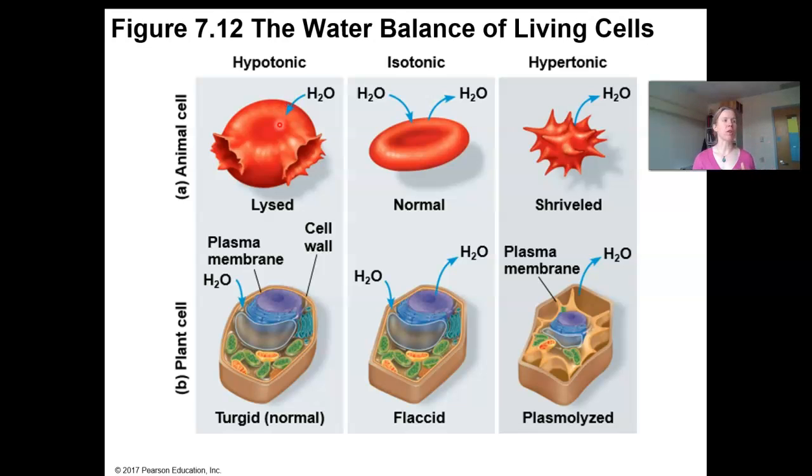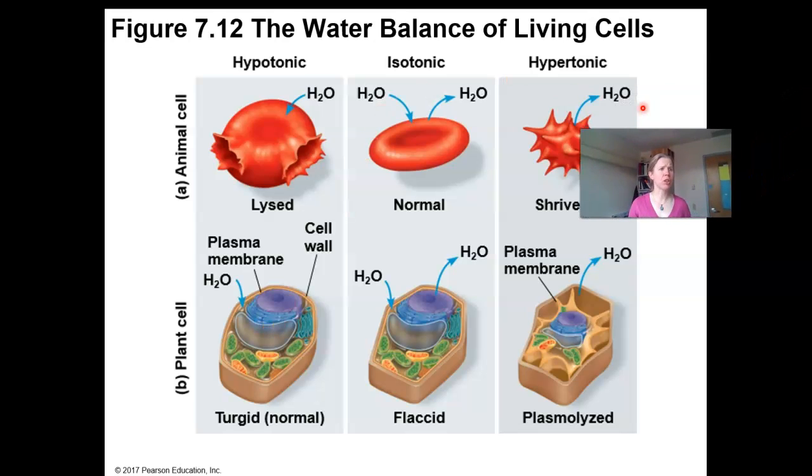The cell gains water. Now, in animal cells, that is actually going to cause the cell to explode. In plant cells and fungal cells and bacterial cells, that water can actually come into the cell and kind of expand and push, right? But it has a cell wall that prevents the cell from actually rupturing. And so, in fact, you'll notice that this is actually when the plant cell is the happiest, right?